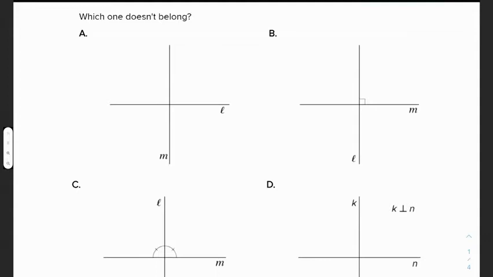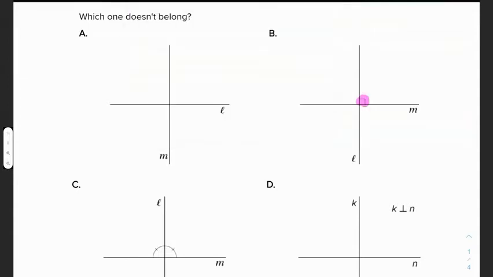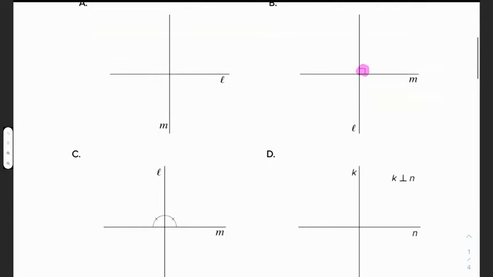I noticed that B indicates the 90 degrees, right, as A does not. And even their naming of the lines or line segments, I think they're lines, I don't see the arrows, but they're switched, right? L and M are in different locations, so that's just something to notice.